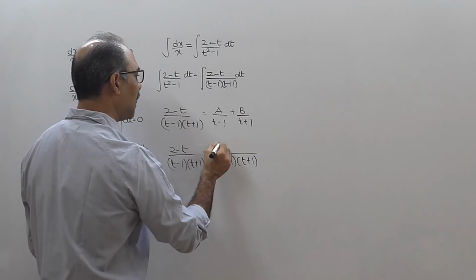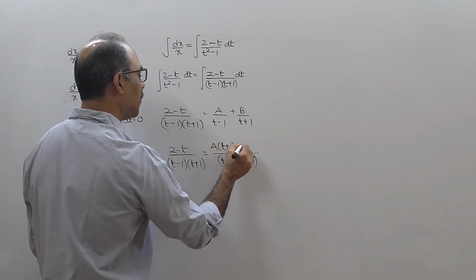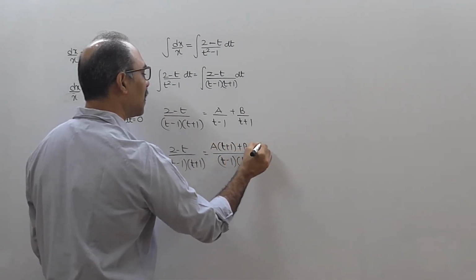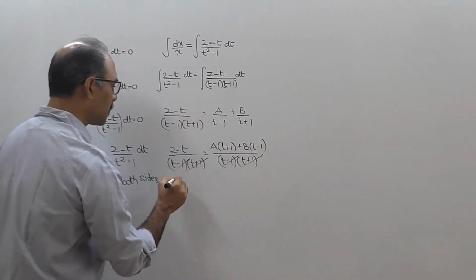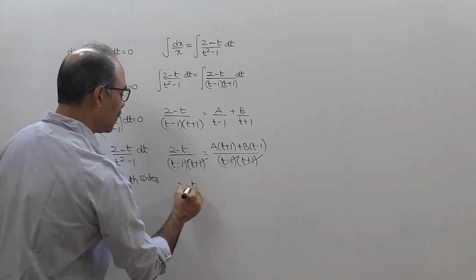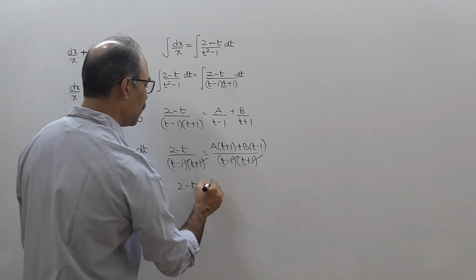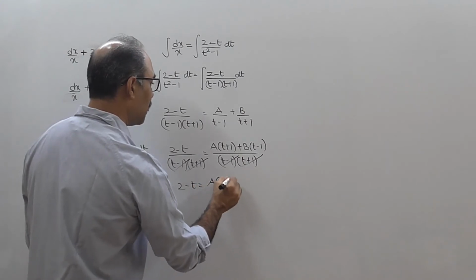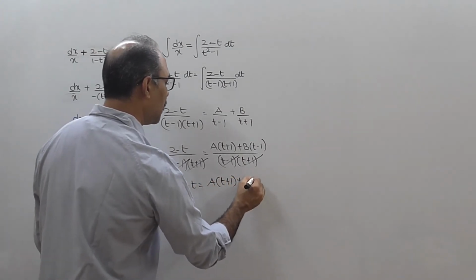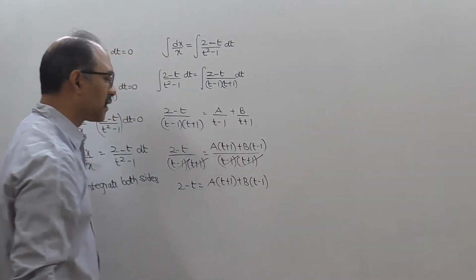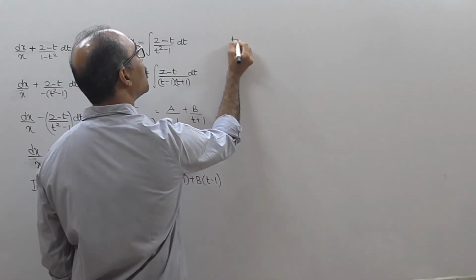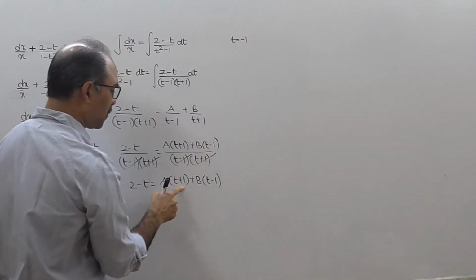So this becomes a multiplied by t plus 1 and b multiplied by t minus 1. So this denominator is gone. We ultimately get 2 minus t equal to a multiplied by t plus 1 plus b multiplied by t minus 1. So first we will substitute t equal to minus 1.